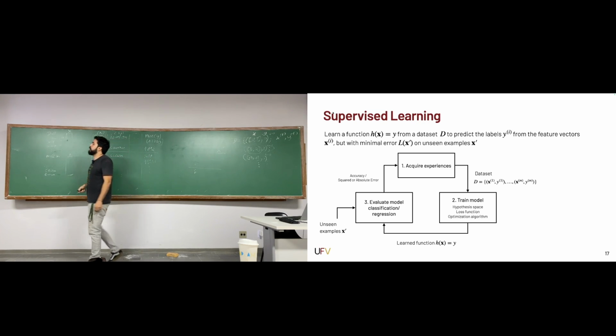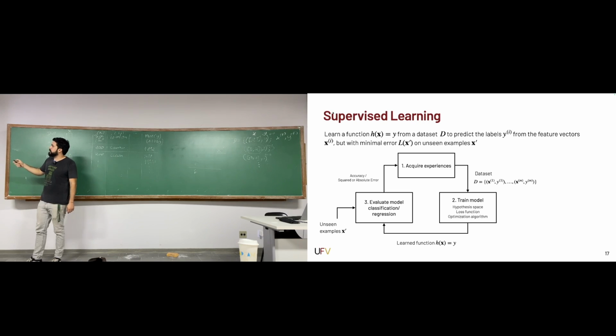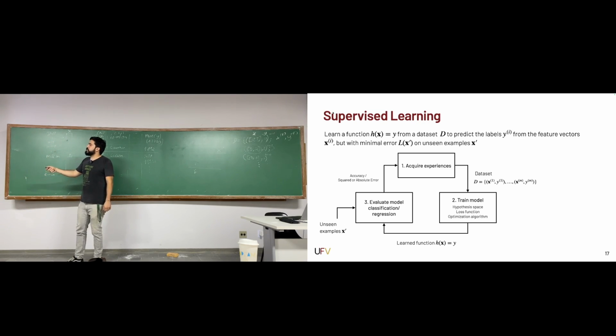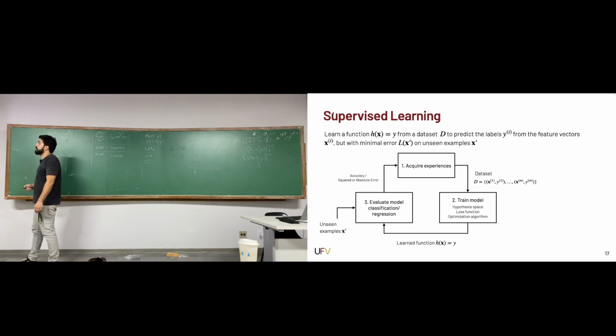Nothing very different here. The only difference is, first of all, you have the data set now in this format. We always have labels now. Our function has this shape. We want to predict a label y. And now we are interested in either classification or regression problems, depending on how our labels are in our data set.